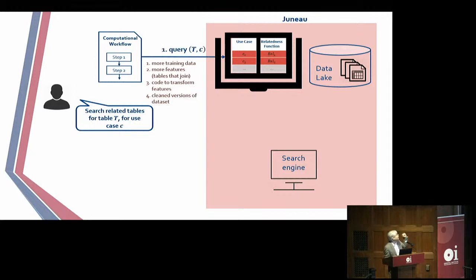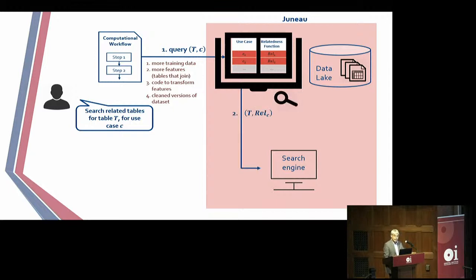So that might be more data for training a machine learning algorithm. It might be other tables that bring in extra features by joining. It might be code that does transformations or extractions. It might be cleaned versions of data. If you have enough people working over enough shared things and shared abstractions, there's a good chance that you can actually find something that's relevant and recommendable.